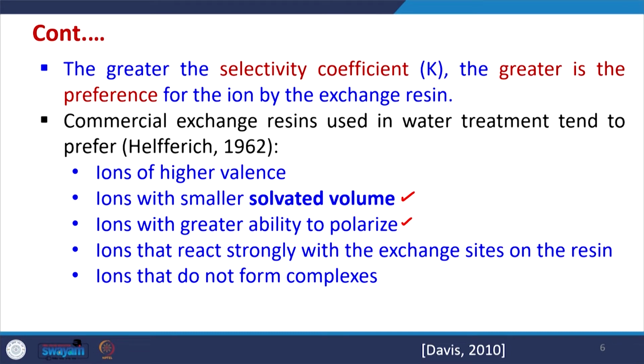Similarly, they prefer ions that react strongly with the exchange sites on the resin. So, through this idea we can tentatively look at what type of functionalities or what type of sites may be there in the exchange resin, and sometimes we can develop those functionalities while manufacturing or producing those exchange resins also.